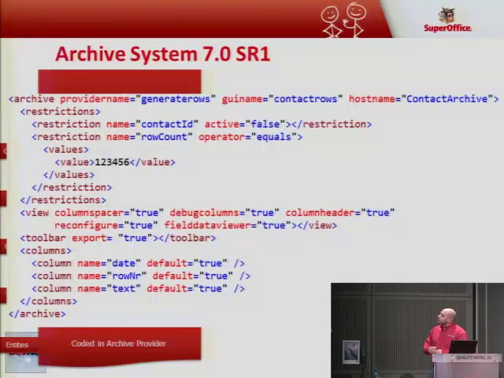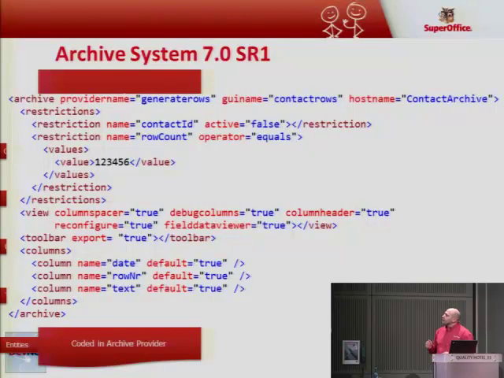Leverage that. We can still define restrictions. There's the provider name, the GUI name, the host name. None of that's changed. The restrictions are still there. All right, I kind of hinted that there was something new. Here's, for example, a row count, where I can basically use it almost like a paging system, sort of. Not really a page, but more of a limiting system.